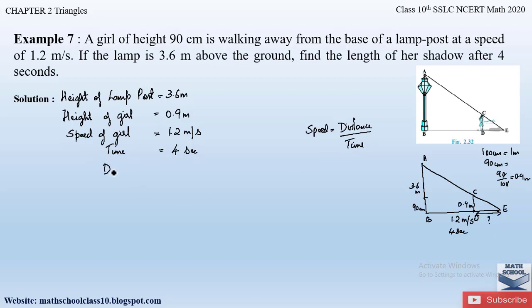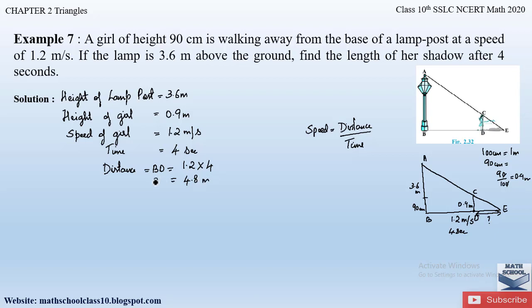Therefore, distance, which is nothing but the length of this side BD, is equal to the speed of the girl, 1.2, into the time taken, 4 seconds. 4 2s are 8, 4 1s are 4. Since there is a point here, after one digit we add a point. The value of BD is 4.8 meters.